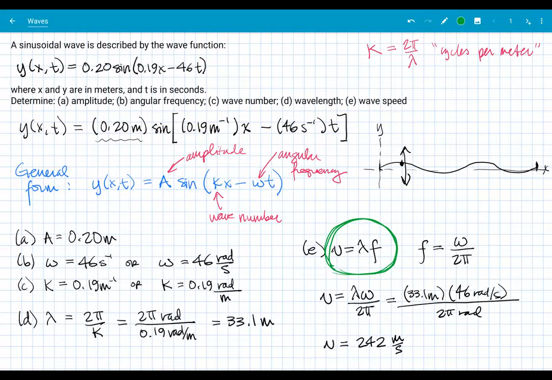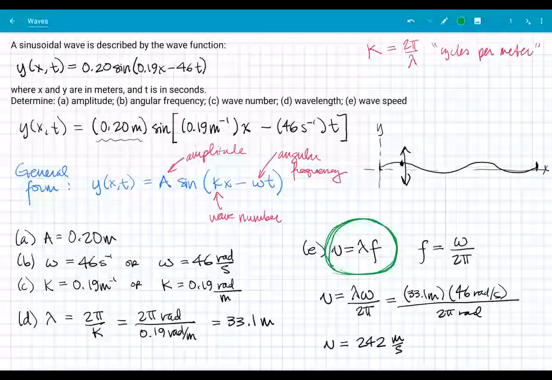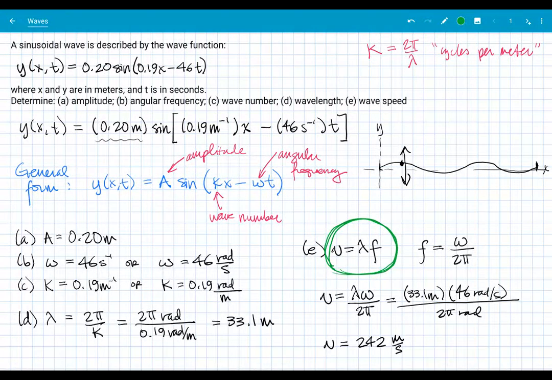So the wave speed is set by the medium, and the frequency depends on the source. As I hit different keys on the piano, the waves traveling through the air automatically have different wavelengths. Different frequencies are going to have different wavelengths. But the product of wavelength and frequency is always going to equal the wave speed that is set by the physical medium the wave is traveling through.